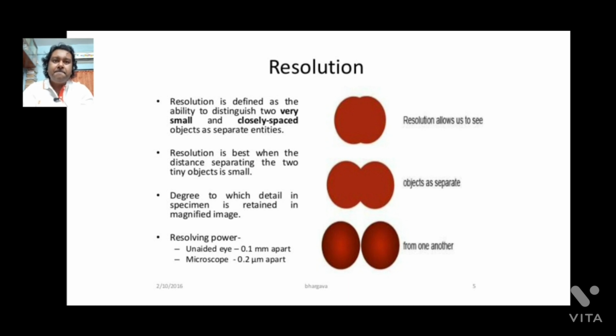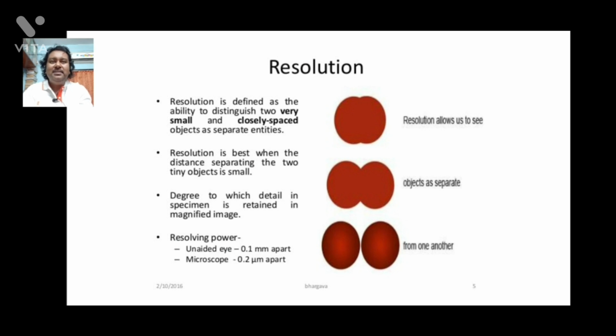That means when 2 points are separated by a distance of 200 micron, then our naked eye can resolve these 2 points as 2 separate points.